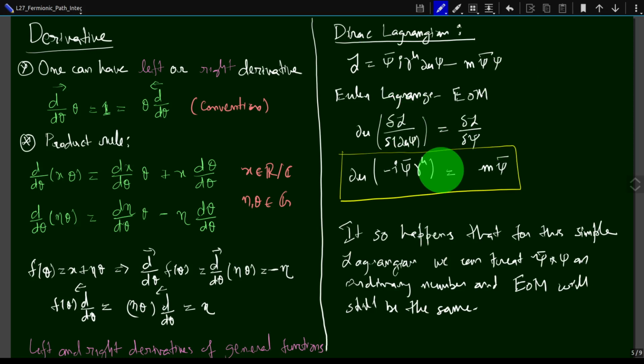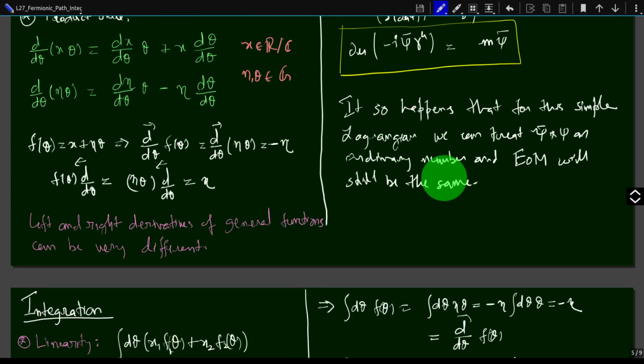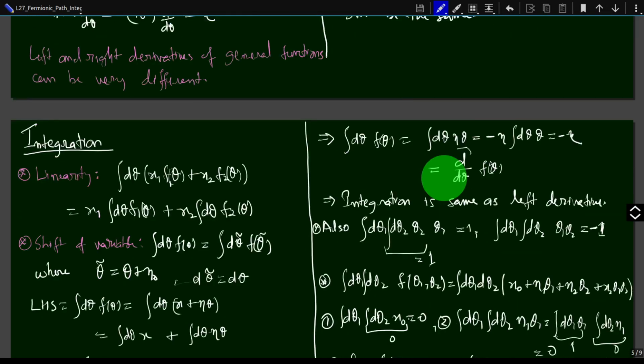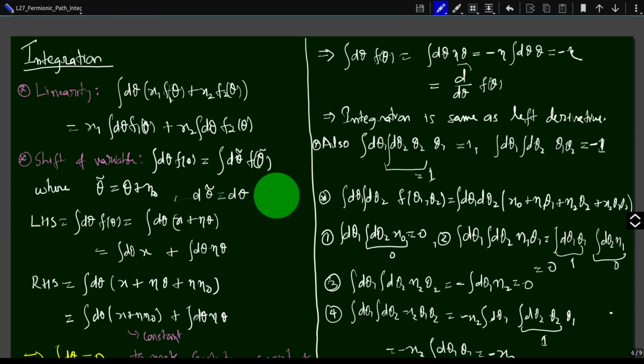I shouldn't say it will not be. In general, it may not be true, and so we have to be careful about deriving the equation of motion. So we have to make a call and treat them as Grassmann numbers.